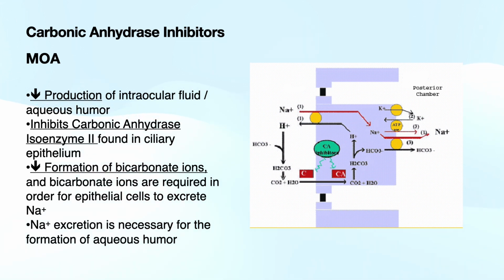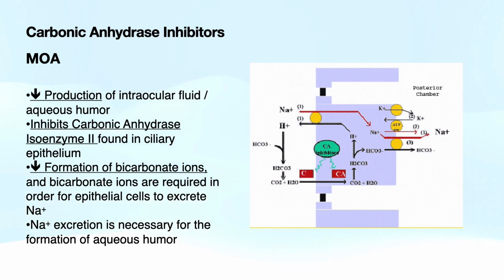Now, the name tells you these drugs inhibit the carbonic anhydrase isozyme 2 found in the ciliary epitheliums. Now, it works by decreasing the formations of bicarbonate ions, and bicarbonate anions are required in order for the epithelial cells to secrete sodium.